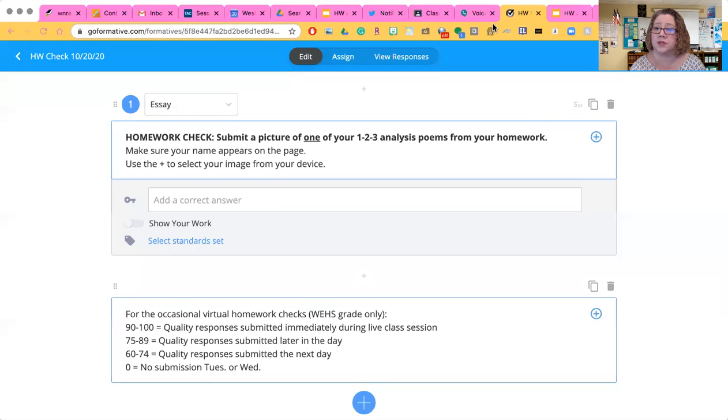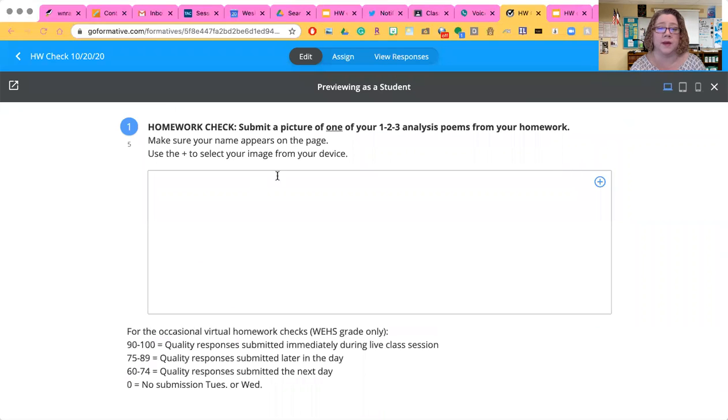What you can do is it'll look like this to you. You can just upload right here with the plus from your device. Formative works pretty good from your phone, actually. So if you just take a picture and submit it there, then that's good. It can be a picture of your book with Post-its in it.